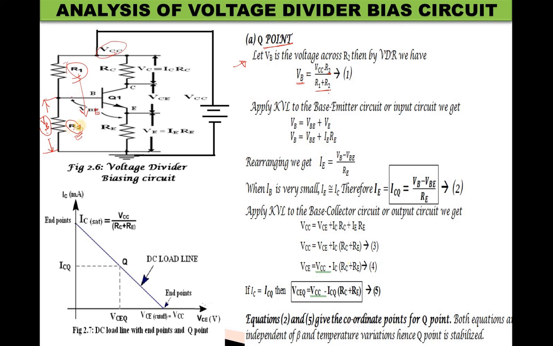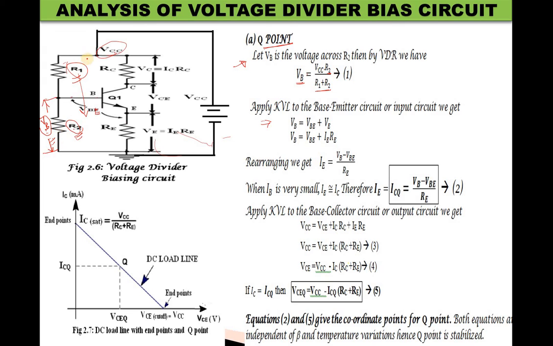Again, apply KVL now to this mesh. When I apply KVL, I can do it in two ways. I can take the polarities of the currents and write the normal KVL equation, how usually physics students will follow. But I can even say in a different way, that in this loop, VB is a constant voltage.